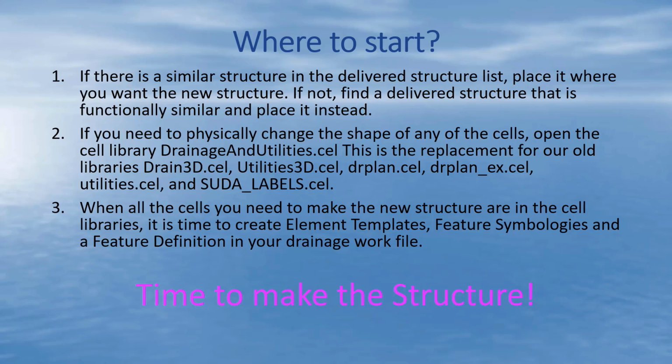Then you close that library and you go back into your drainage work file where you have the temporary structure placed and start doing the work to create your new feature definition that will allow you to place your brand new custom structure.